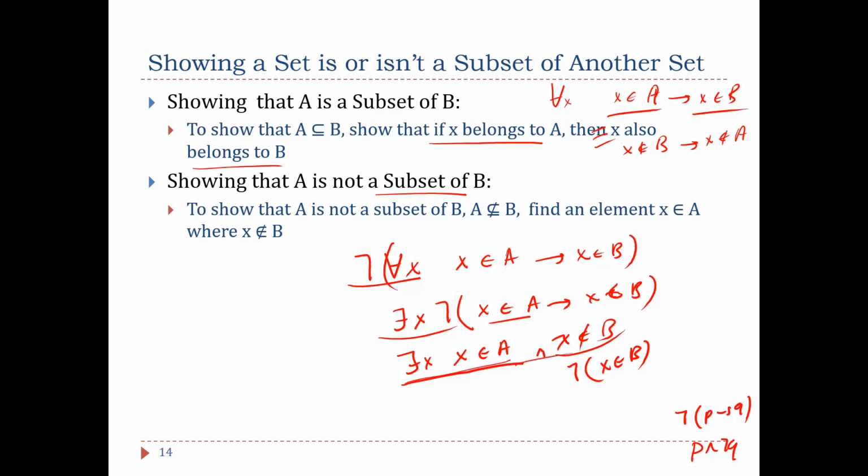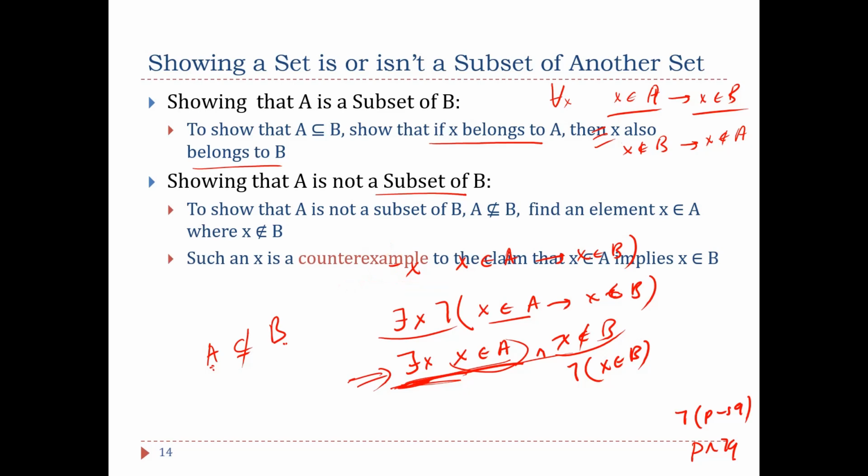To show that A is not a subset of B, it is sufficient to come up with an element that belongs to A and does not belong to B. So this is quite intuitive. We could see it from the beginning, but it's nice to see that the negation of this expression is equal to this logical expression, and to see the beauty of the logical formalism, including for negated quantified expressions.